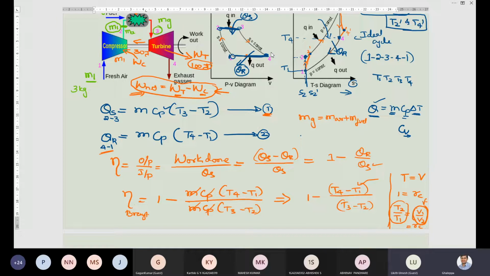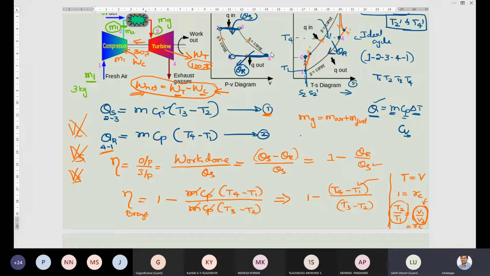But here there is no question of clearance volume because there is no piston cylinder arrangement. Compressor is a different part, turbine is a different part, combustion chamber is a different component. So here it is not a piston cylinder mechanism. So I cannot take clearance volume. We cannot write stroke volume here, we cannot write swept volume like that. Understood?